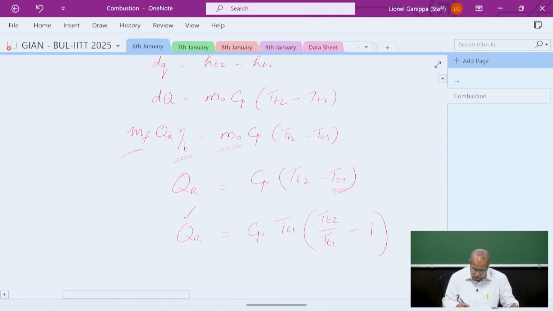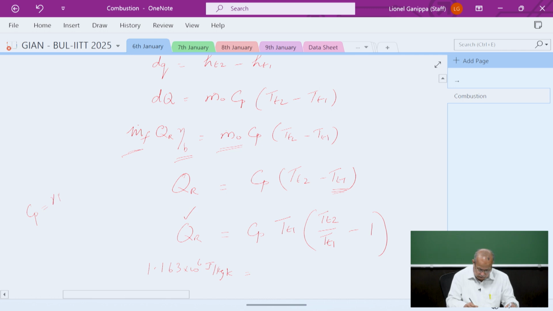Now this is given in the problem. The energy content is given as 1.163 into 10 power 6, since it's a megajoule. So write this value here, 1.163 into 10 power 6 joule per kg K. What's the Cp value?